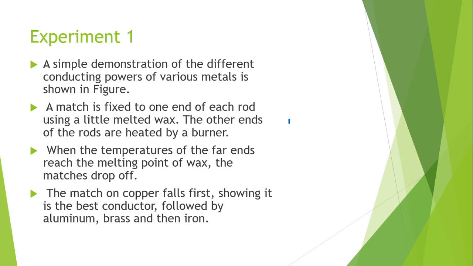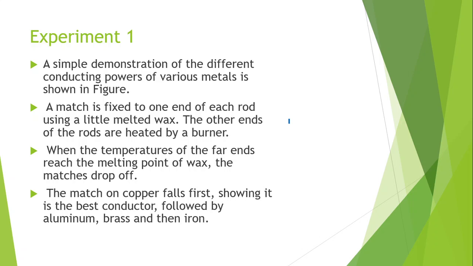We're experimenting with the conductivities, how good a conductor these materials are, be it copper, iron, brass, aluminum, or steel, whatever we have in our setup. I'm going to first go through this description, and then explain the diagram and how it's going to work and how it's going to give us the results. A simple demonstration of the different conducting powers of various metals is shown in the figure.